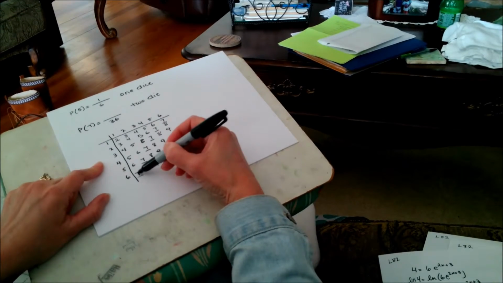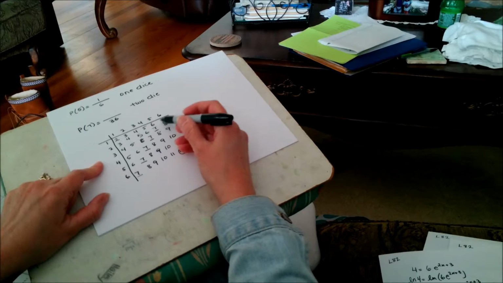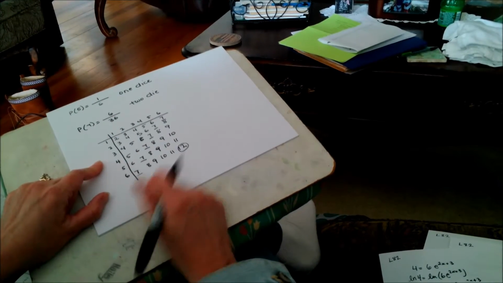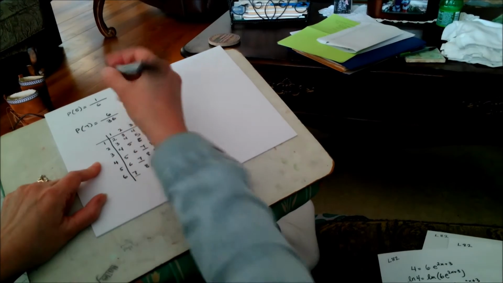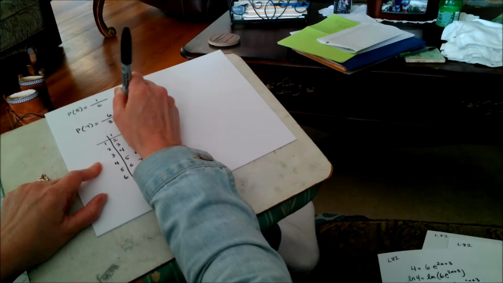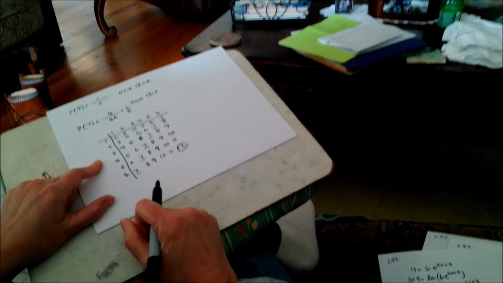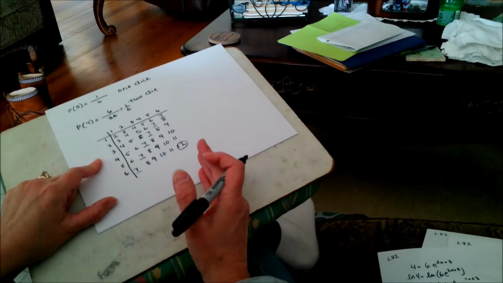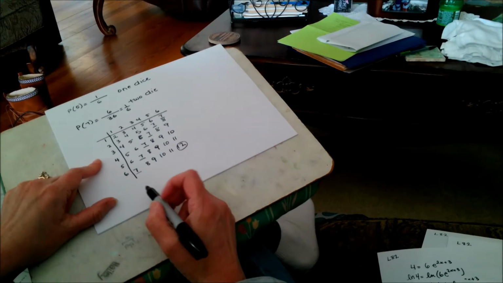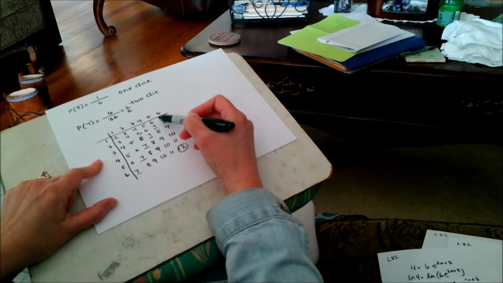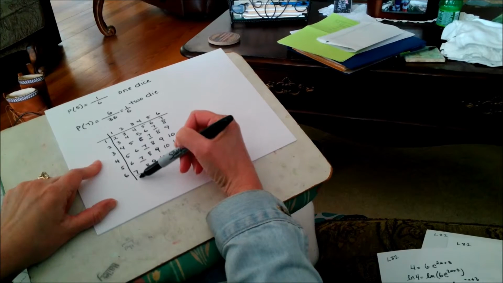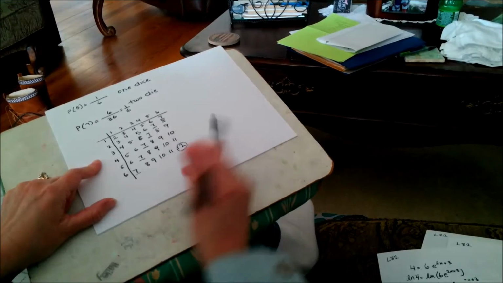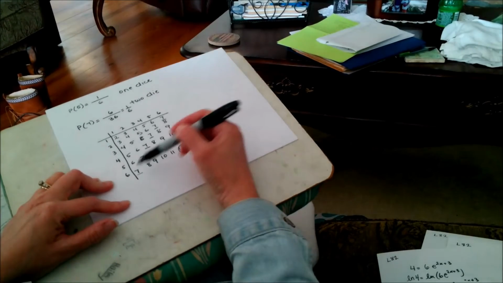And I actually have 6 of those: 1, 2, 3, 4, 5, 6. So there's 6 possible outcomes out of the 36. That means my probability is 1 out of 6, which is a pretty good probability. You'll see that's the most common. There is no other sum that appears more often than the 7.